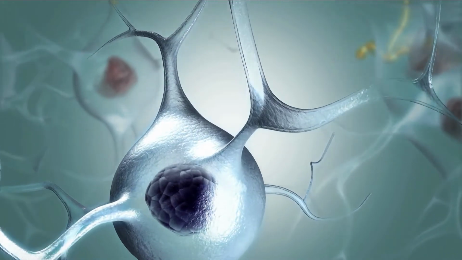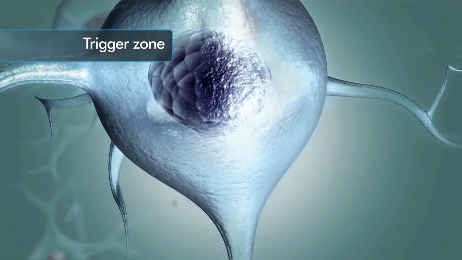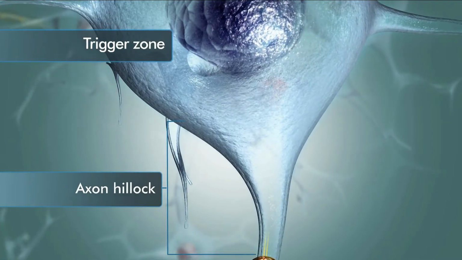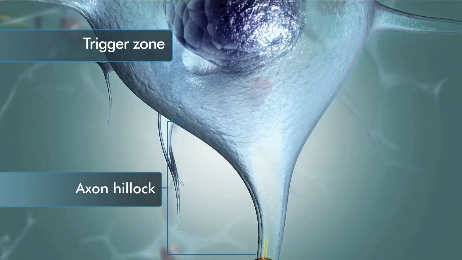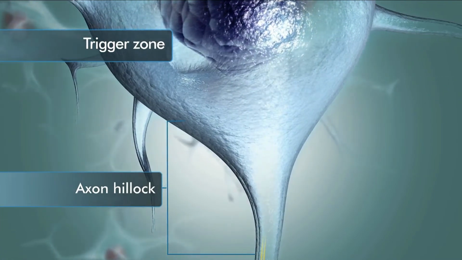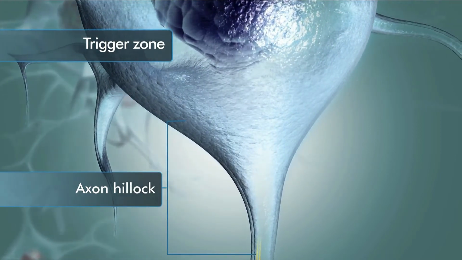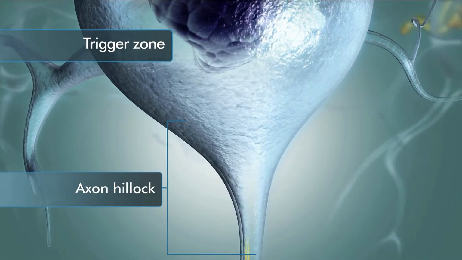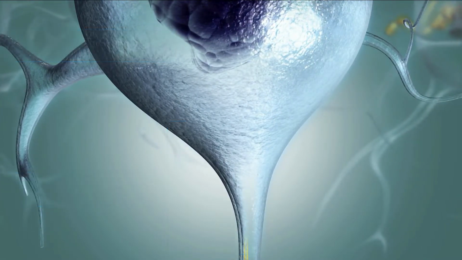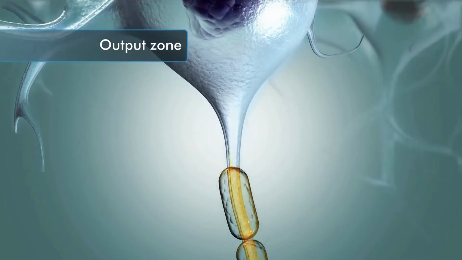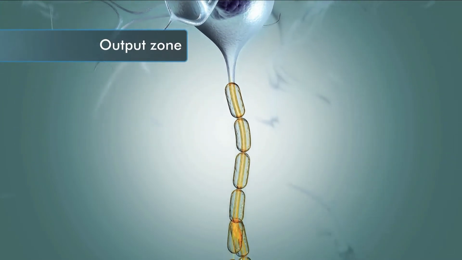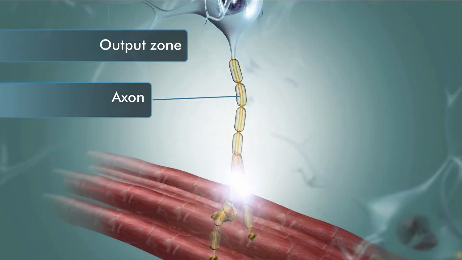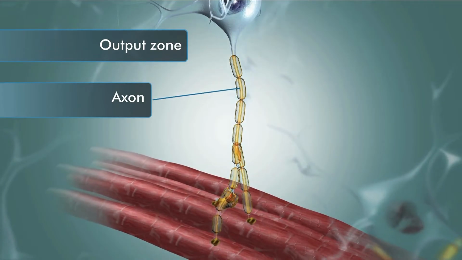These graded potentials move toward the trigger zone at the axon hillock. The trigger zone is where voltage-gated channels are first encountered in the neuron. If the graded potentials reach threshold in the trigger zone, then an action potential is generated. The action potential is transmitted by a voltage-gated channel down the axon to the output zone, where it causes skeletal muscle to contract.